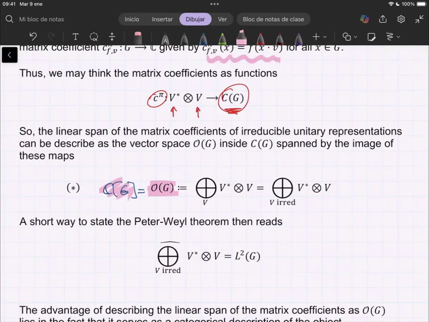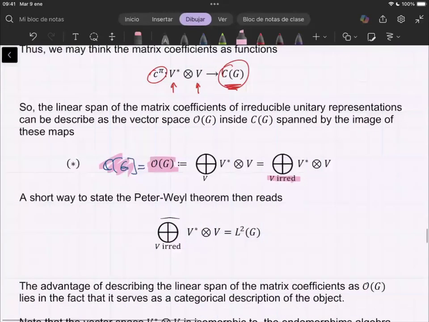So this is the space. But since the group is compact, one can take only the irreducible ones. In modern terms, the idea is that one can construct this object in any category of representations having tensor products and duals, and of course we need direct sums.